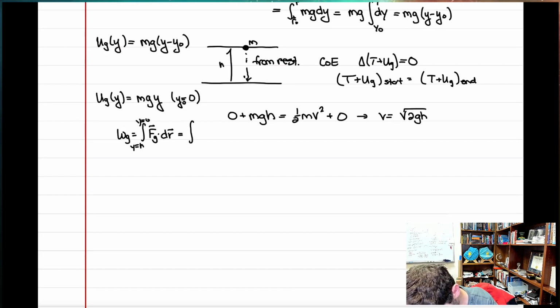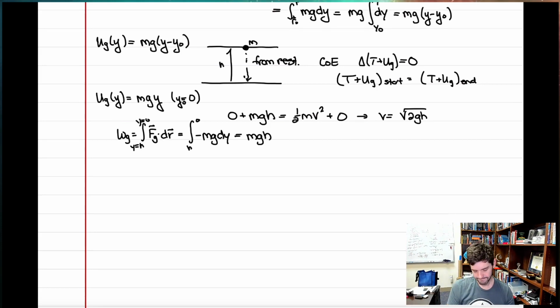Well, this path integral, which we're taking to be in a straight line, is just negative mg dy from h to 0, which then is just mgh. So yes, in this case, gravity did positive work. Not too surprising. The ball speeds up as it falls.